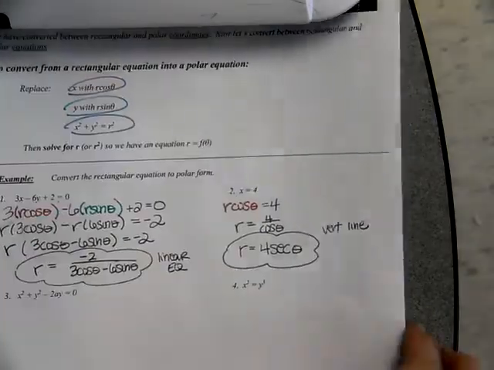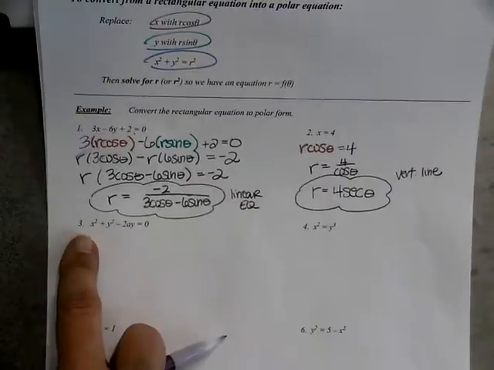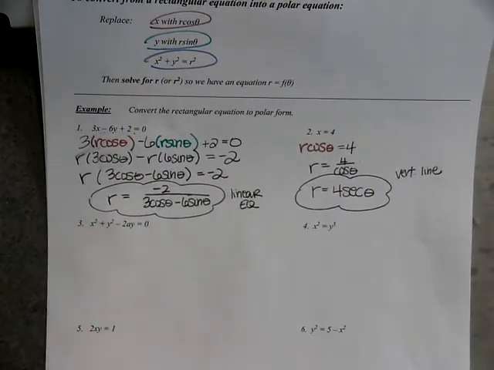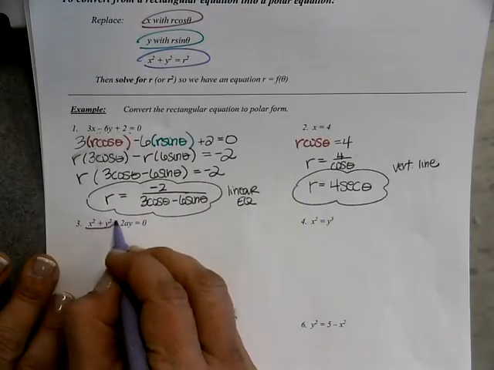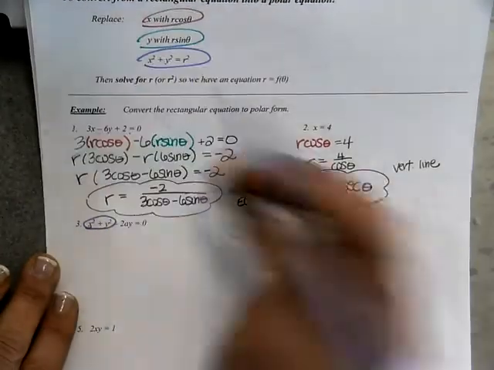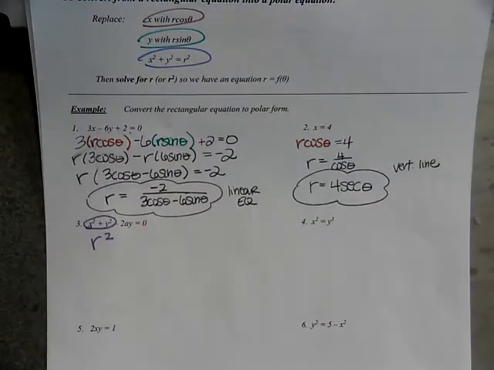All right? So let's take a look at number 3. Oh my goodness, look, I'm going to have to square this. Well, we don't, because I want you to notice that this x squared plus y squared is replaceable with r squared. So the x squared plus y squared we can replace with r squared.